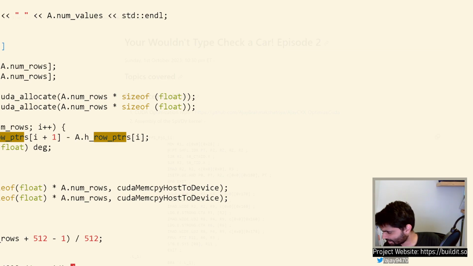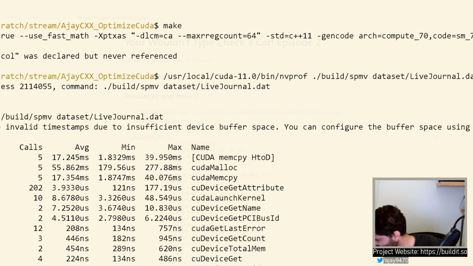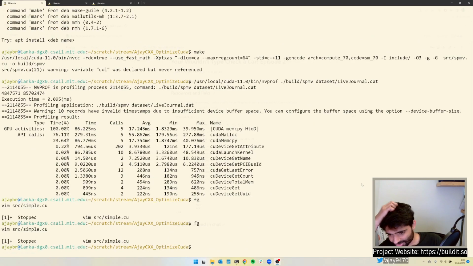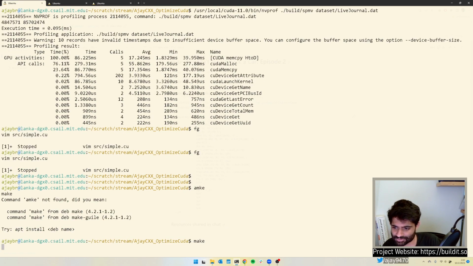Sorry, this shouldn't be happening. Zoom out a bit on the Vim, yes. I'm just trying to figure out why the kernel doesn't run. It refuses to run for some reason.